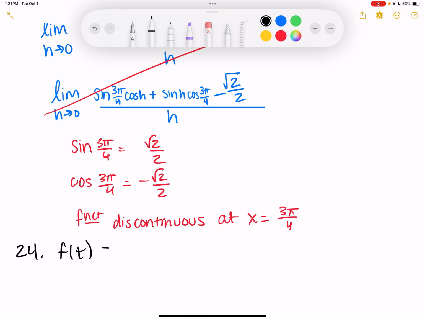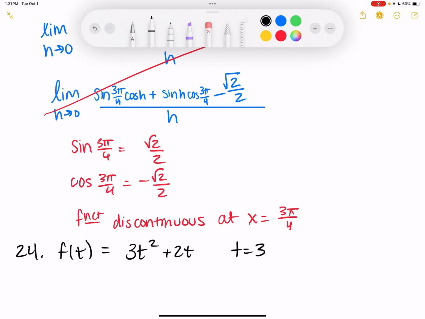All right, so 3t squared plus 2t at t equals 3. This is going to work the exact same way the previous ones have worked. Instantaneous rate of change is pretty much just slope.